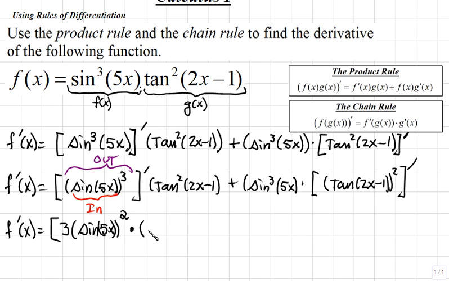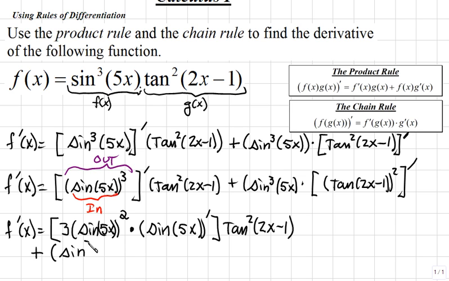So we'll write down next that this would be the derivative of sine of 5x that we need to find. We'll multiply this by tangent squared of 2x minus 1, and for our other term, which we'll write on the next line, plus sine cubed of 5x.